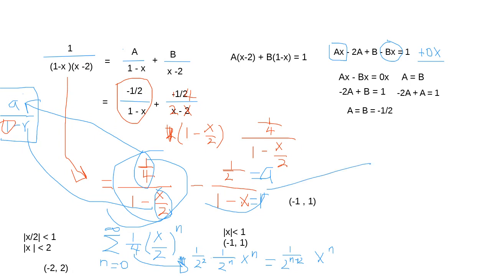So similarly, for this one we can write the summation n goes from 0 up to infinity. The first term is a half, then the ratio is just x, so we have a half x raised to n. Then we just subtract those two. We can factor out x raised to n, and we can also factor out a half because both have a half in it.